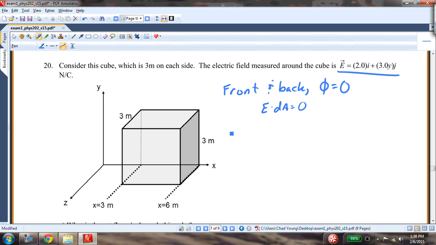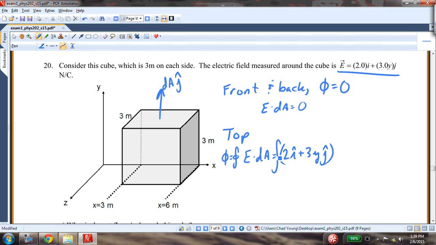All right, so now the top. On the top, the area vector is in the positive j direction. So my flux is equal to the integral of E dot dA. That's 2i plus 3y j, dotted with dA in the j direction. So this is going to be the integral of 3y dA.